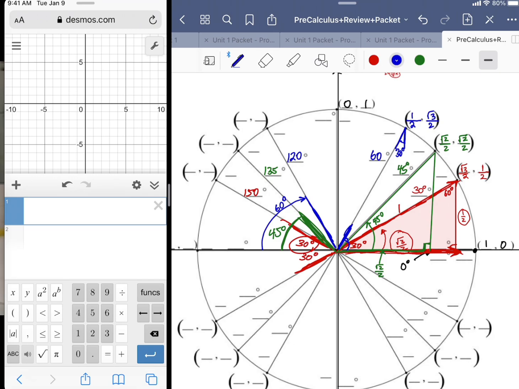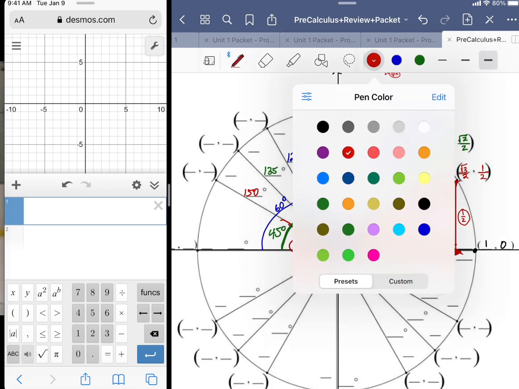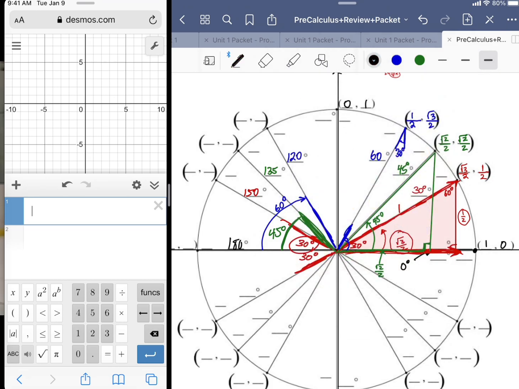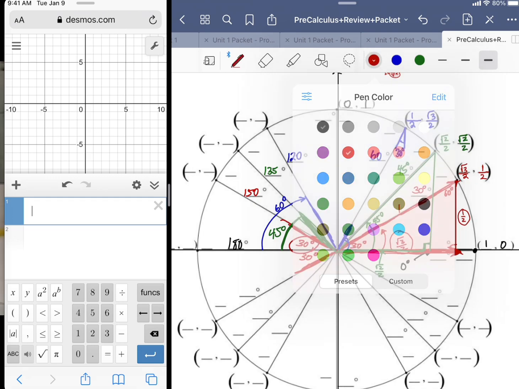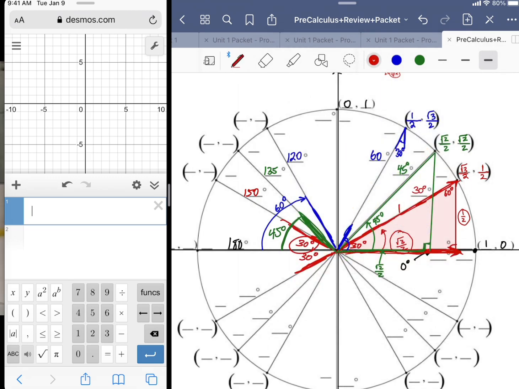All right. So the next one, 180, that was the easy one. I'll just put that back in black. So 180, go back to red. Increase by 30, you get to 210. Increase by 15, 225. Increase by 30 again, you're at 240. All right.